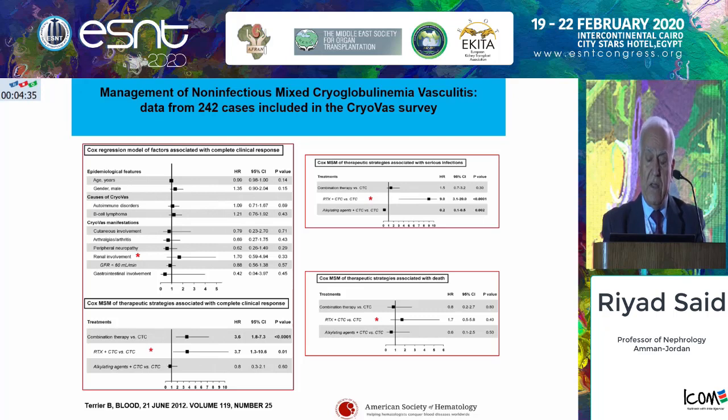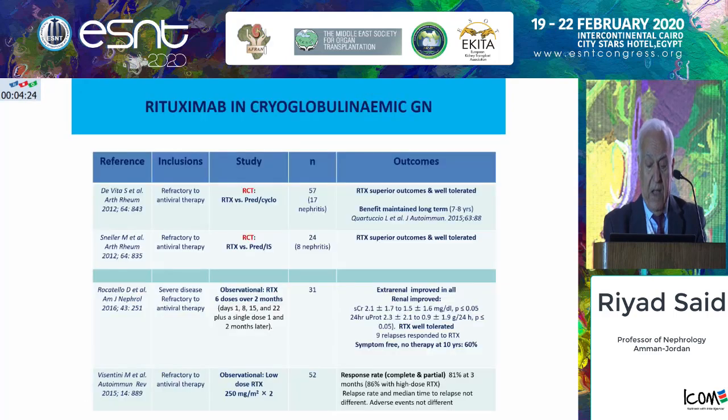Unfortunately, in the top right there was a high incidence of infection, most likely because of the use of high-dose steroid. There are some other randomized controlled studies showing superiority of rituximab for the treatment of such disease entity.